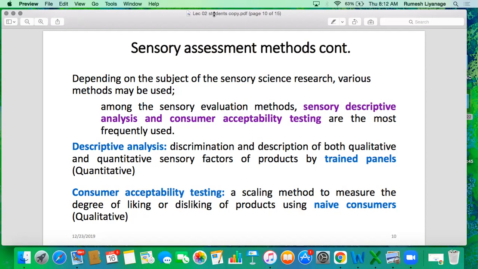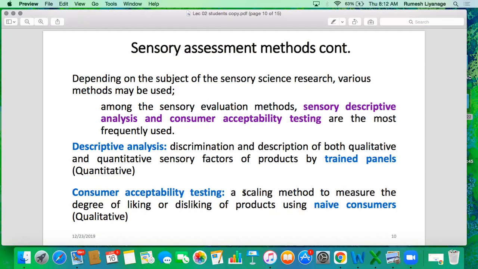And if we just go to the market and ask somebody to eat this product and comment on it, they are not trained. So they are consumer panels. But we have to use trained panels for quantitative tests. It means descriptive analysis. For consumer acceptability testing, we use scaling methods to measure the degree of liking or disliking.